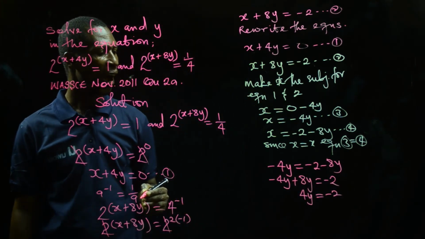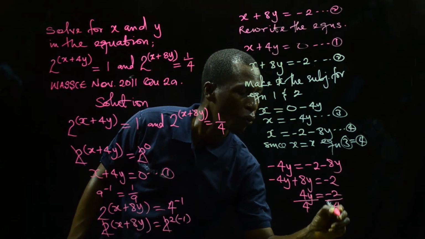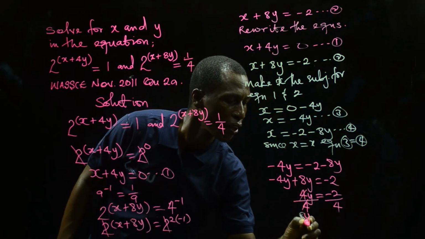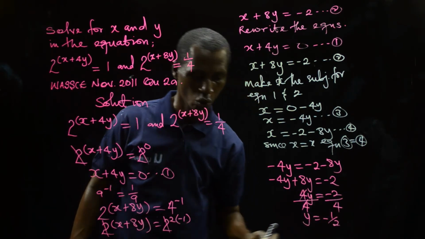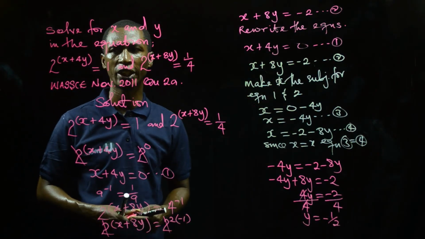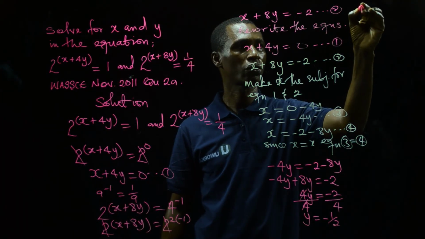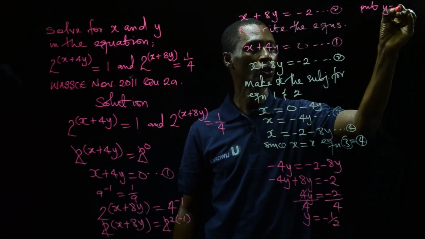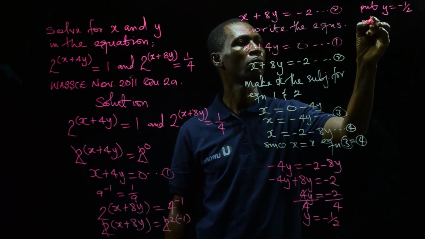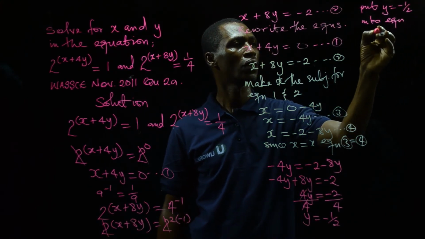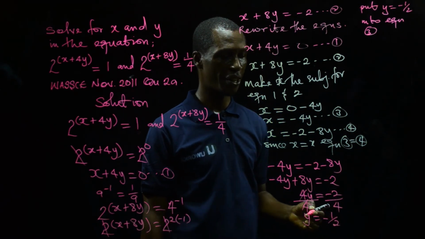Divide through by 4. So I've got 4 here, 4 here. This is gone. Now y at this point is going to be equal to negative 1 on 2. Then let me find the value of x. So put y equals negative 1 on 2 into equation 3.